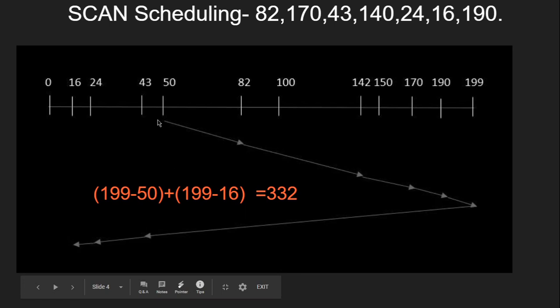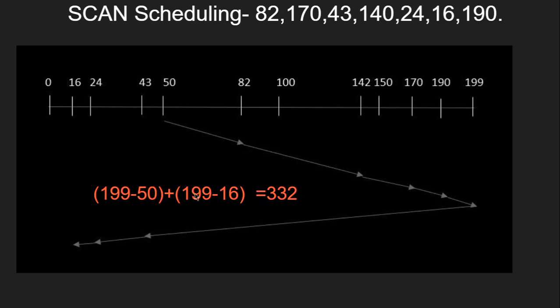Now the calculations are much faster. It goes in one direction and back in the other direction. So just calculate from 199 to 50, that is one value, and then from 199 to 16, another value, add up the values, that's all.